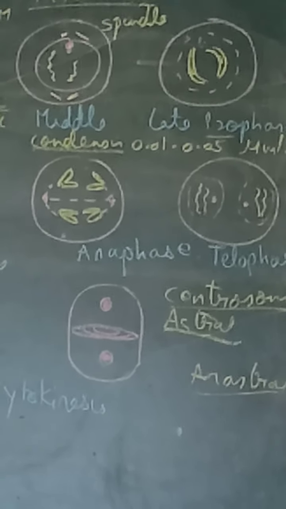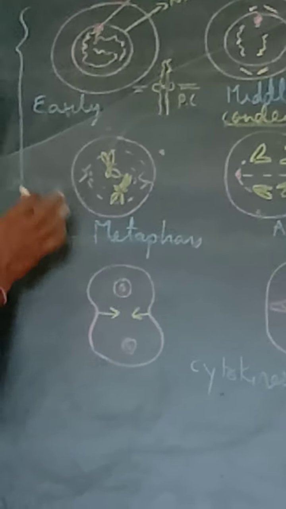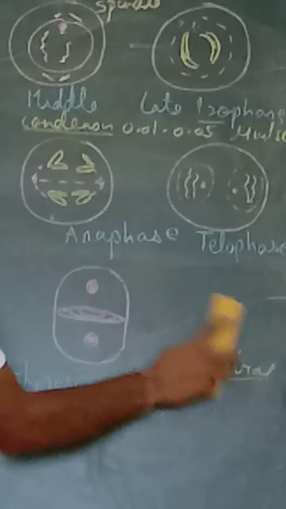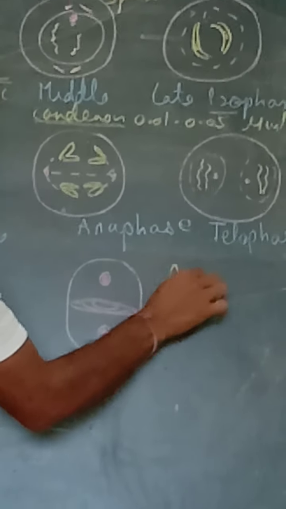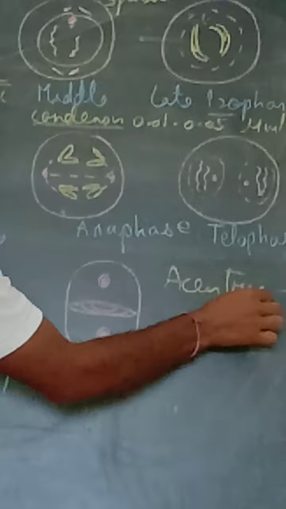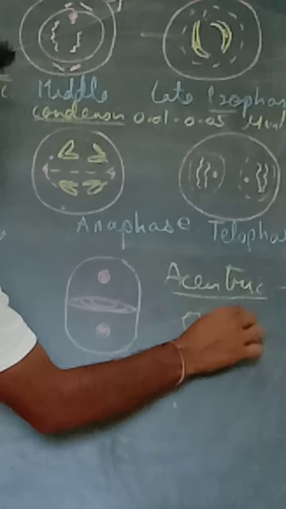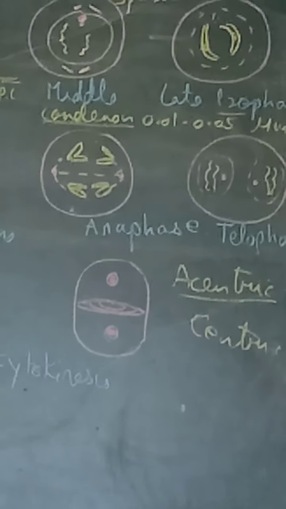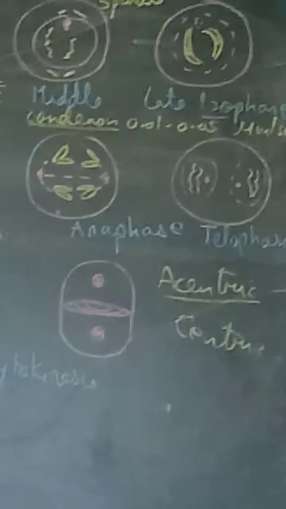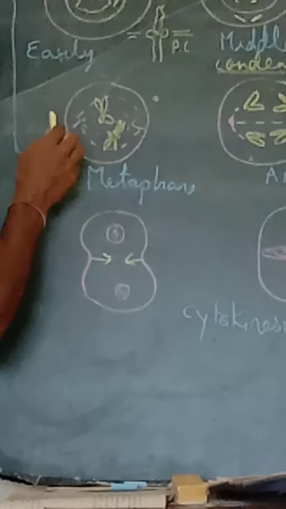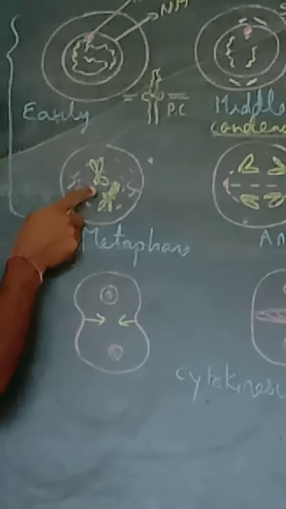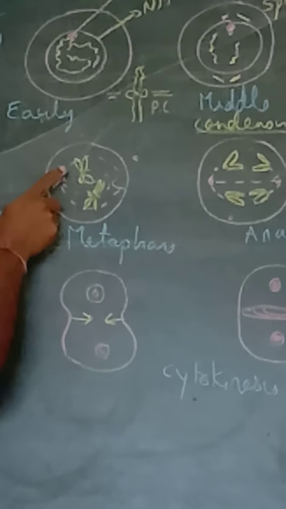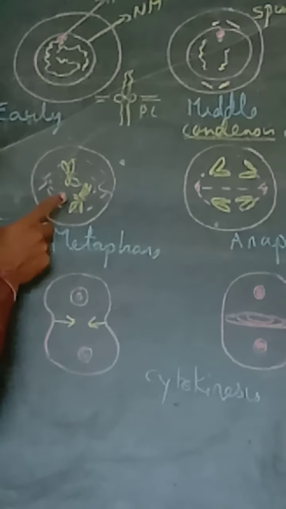The cases where the centrioles are absent are called acentric, and where the centrioles are present is known as centric. In this metaphase, the relative position of chromosomes on the spindle equatorial plate is more or less fixed.